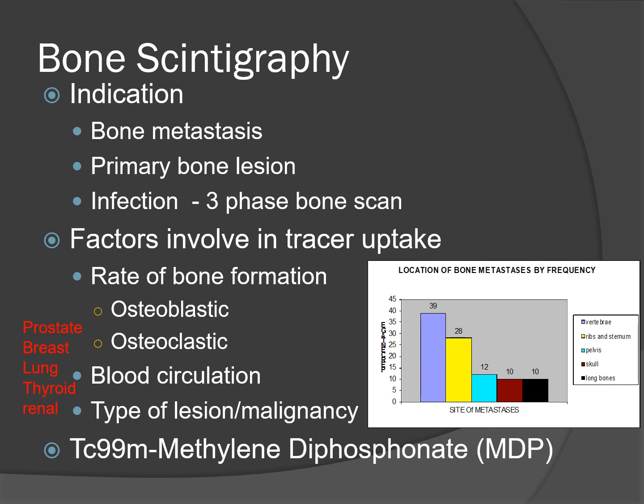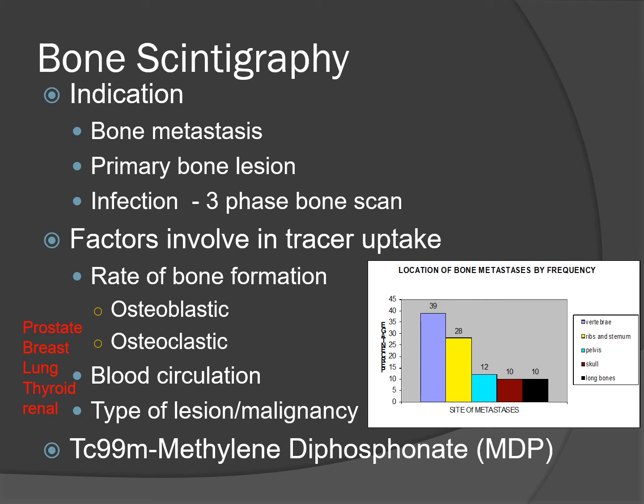The uptake of the radiopharmaceutical will depend on the rate of bone formation. If you go back to your physiology of bone uptake of calcium and phosphate, you will see that there is osteoblastic activity and remodeling. This normal physiology maintains the integrity or strength of the bone, so it will follow the rate of bone formation.